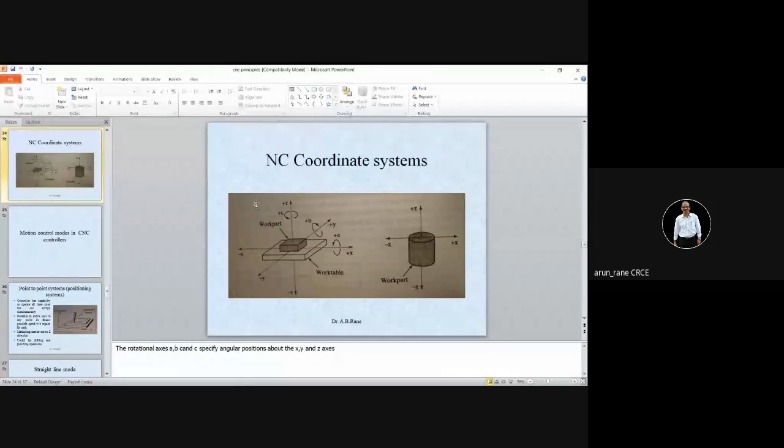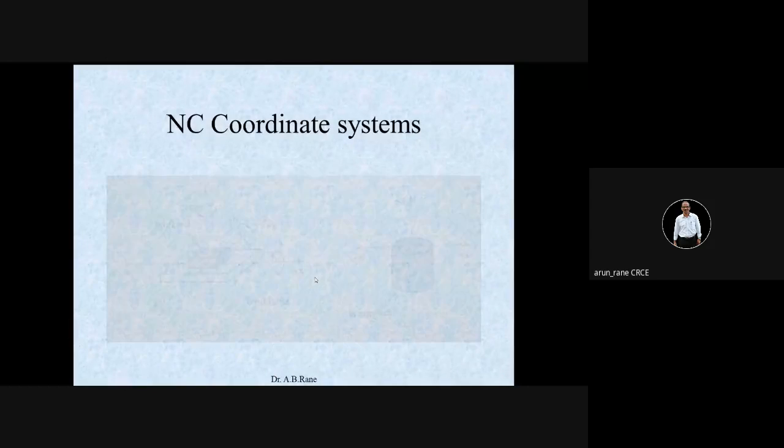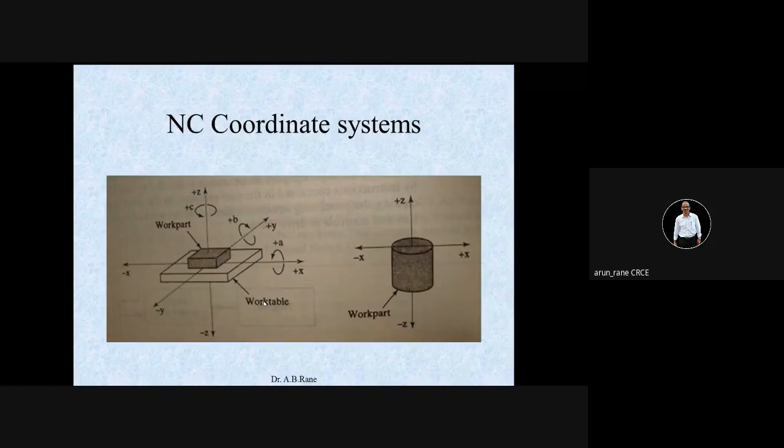This is the NC coordinate system. Usually, this is for the milling machine, the machining center or the CNC milling machine. The longitudinal axis is called the x-axis.